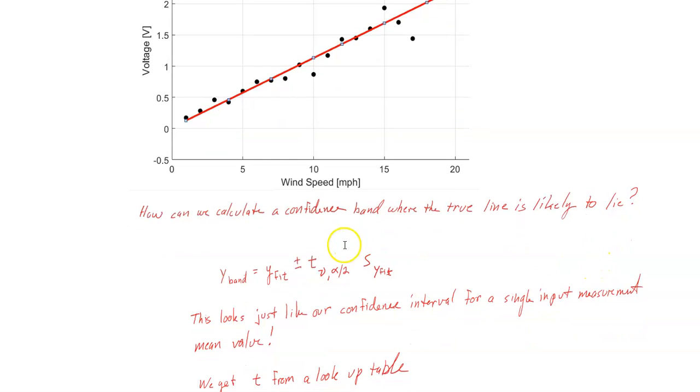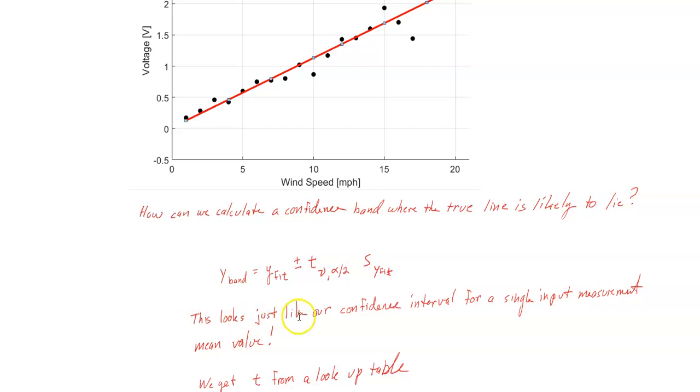So in general, the method that we use is described here, and I'm not going to derive it because we'll probably do that in some subsequent class during your time here. But we're just going to say for now that y band is equal to some y fit line that we just calculated, shown here in red, plus or minus some statistical quantity multiplied by some standard deviation of our fit.